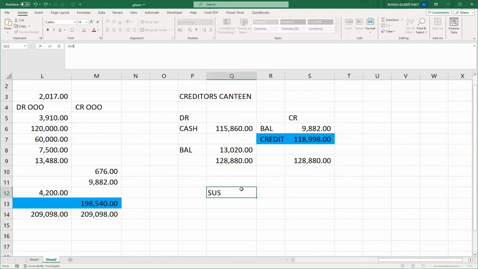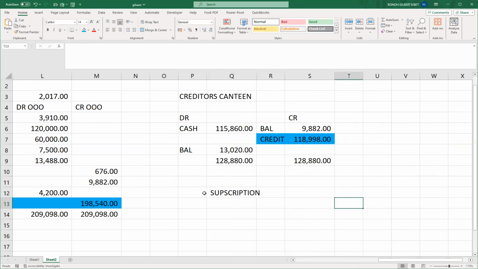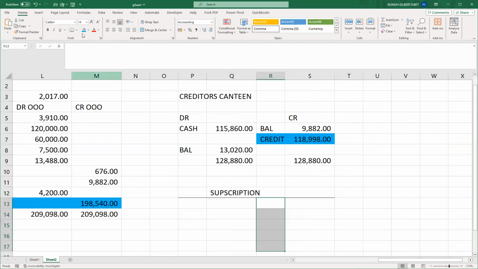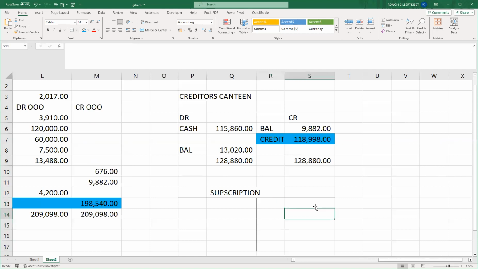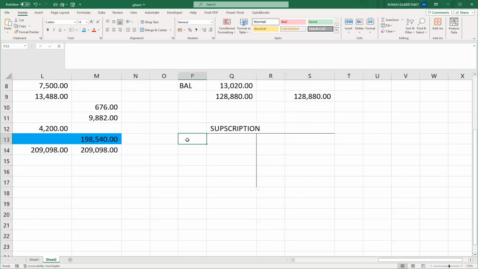So we have the subscription account. Remember, we have balance brought forward in arrears, which is an asset.